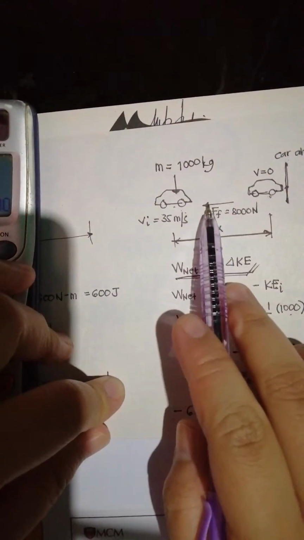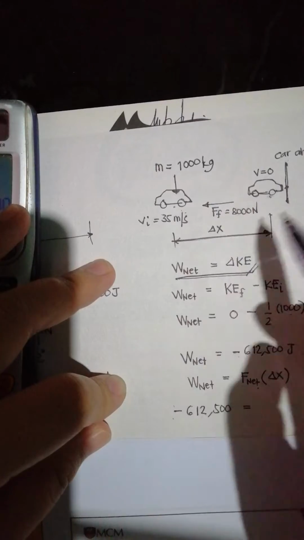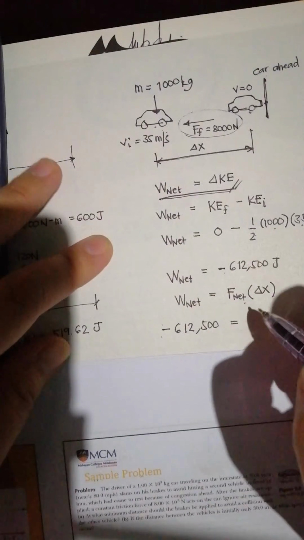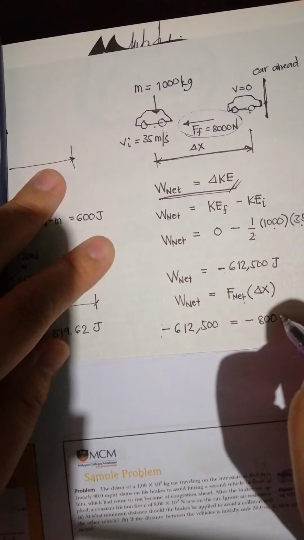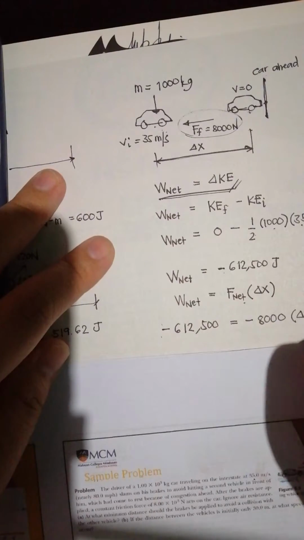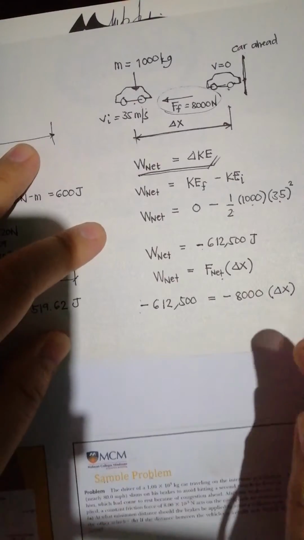All the forces along the movement is only the friction force, and we take it as a negative force because it is against the motion. So we have negative 8,000 newtons times the displacement delta x. This is the minimum distance of applying the brakes, delta x.